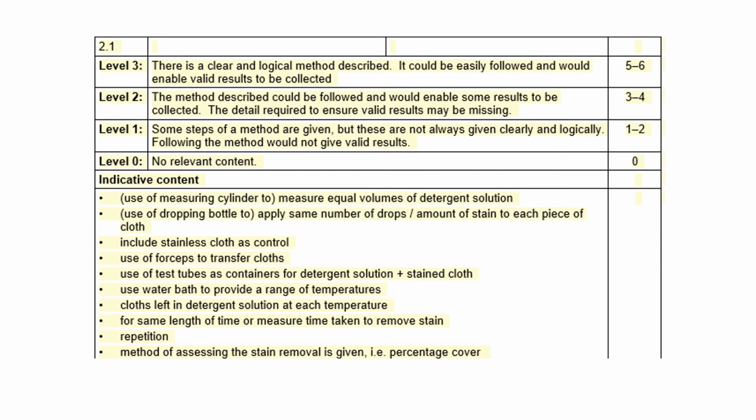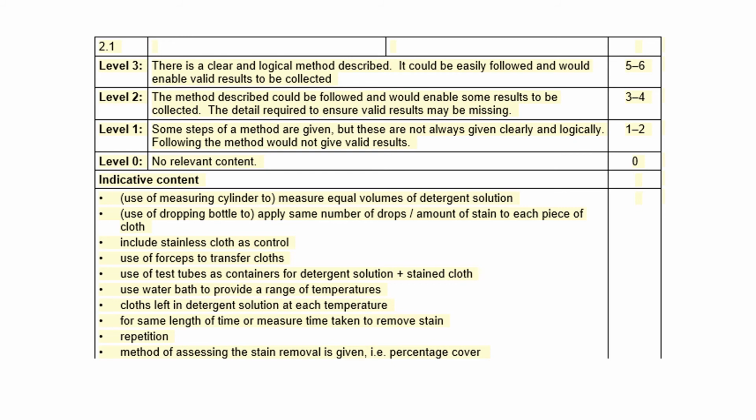the next one. So level 1, some steps of the method are given, but they're not clear, they're not logically ordered. Following the method would not give valid results. So if you have not mentioned any of the control variables, you would be in this band.